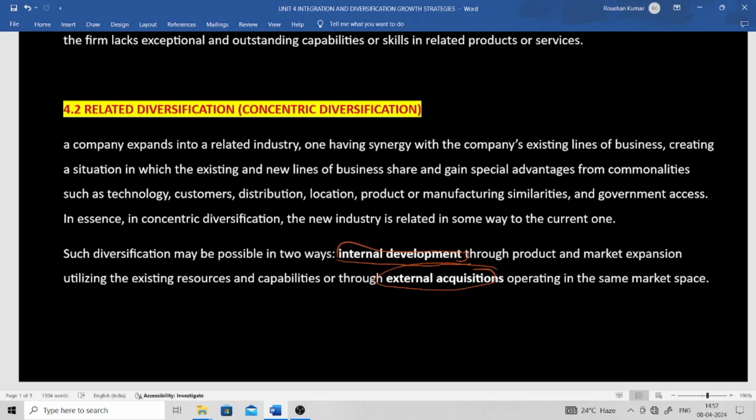It means whatever existing resources and capabilities the organization has, it uses those to expand. In case of external acquisition, the organization uses external resources, other than its existing resources and capabilities.